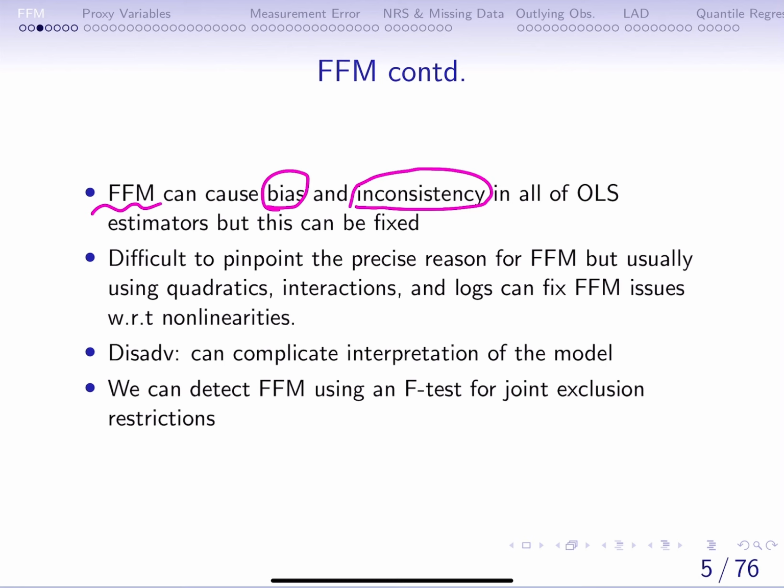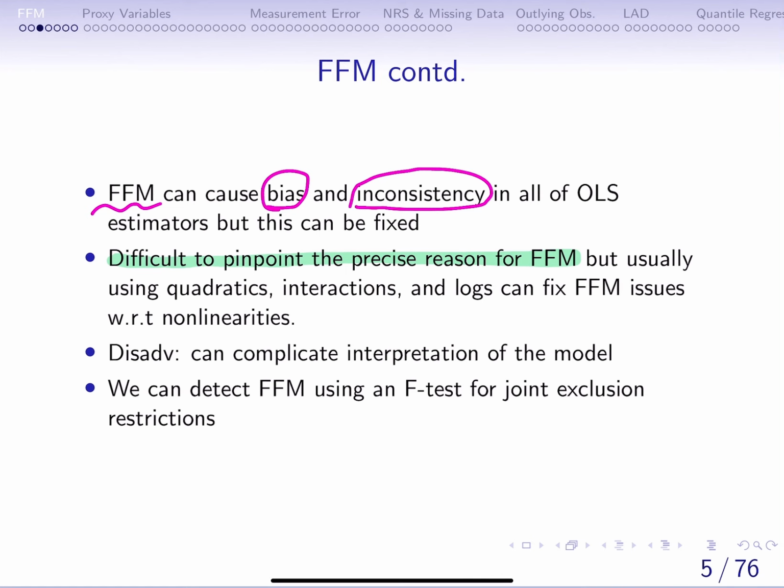Now, the one thing to remember is that it's difficult to pinpoint the precise reason for functional form misspecification, because ultimately it's a functional form, right? You don't know whether a variable should be a higher order polynomial that should be introduced in your regression, or just a quadratic, or something else.